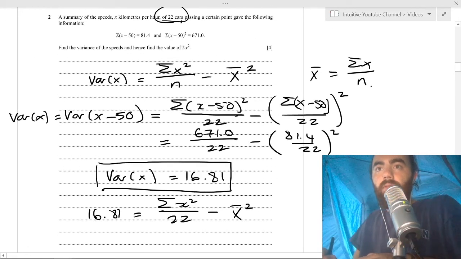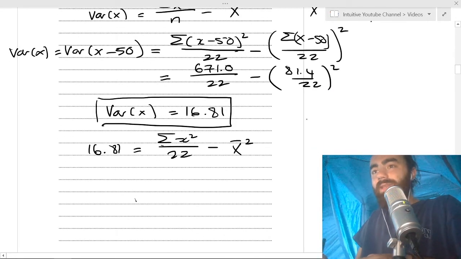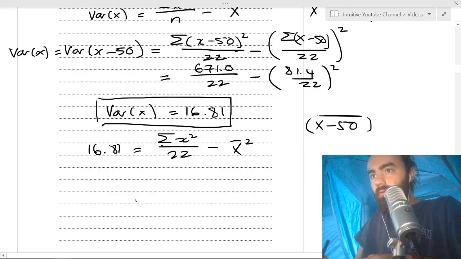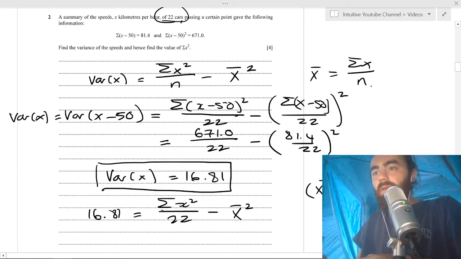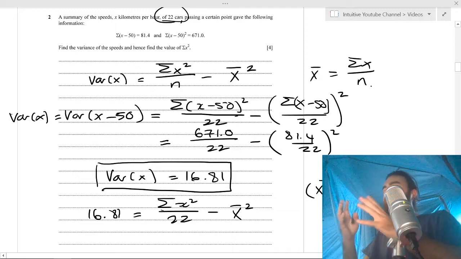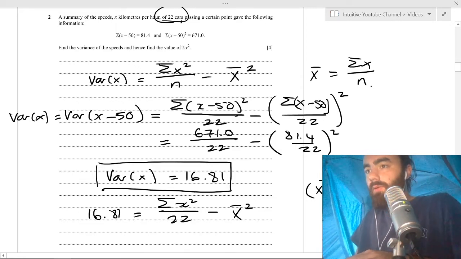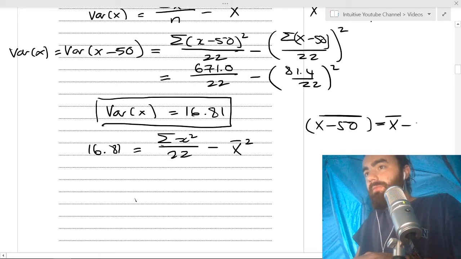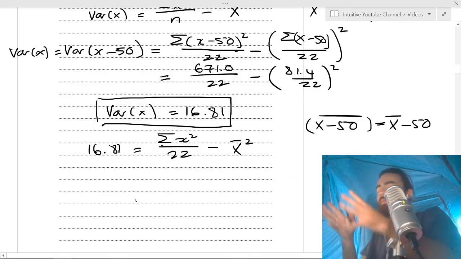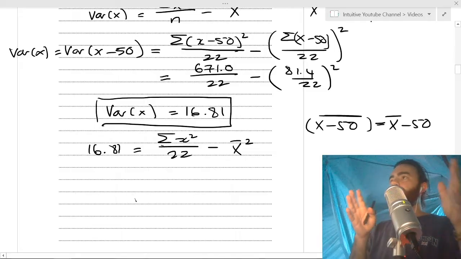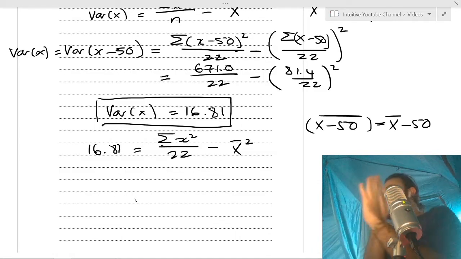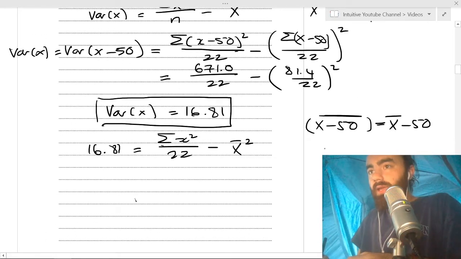The mean of x will equal the mean of x minus 50 shifted, because again, we're just shifting all the points over by 50.